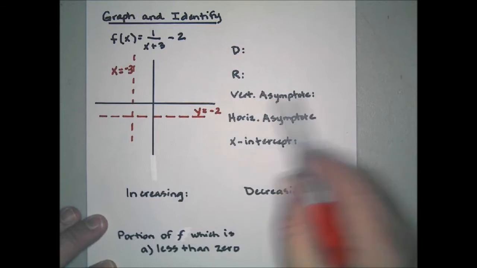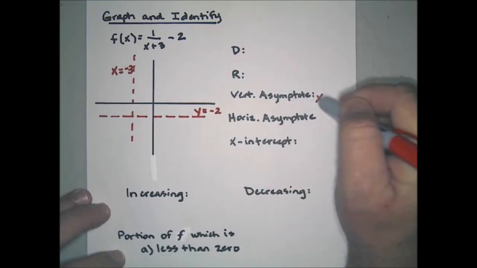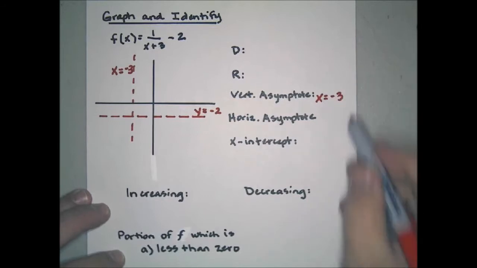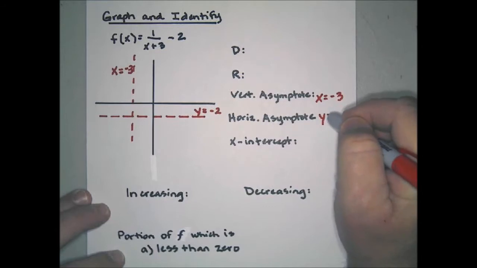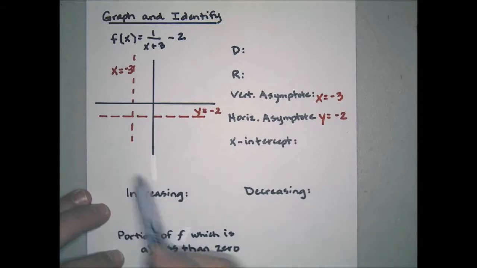So we actually have the answers to these two questions. The vertical asymptote, x equals -3, and the horizontal asymptote, y equals -2. Now let's go back and talk about the domain and the range. The domain, well, let's put the graph in first.